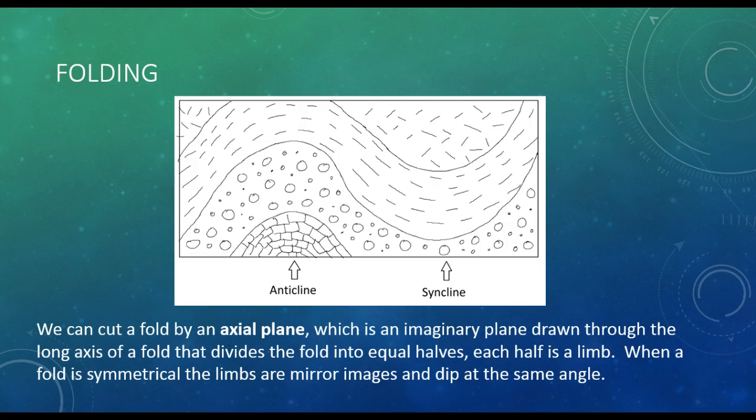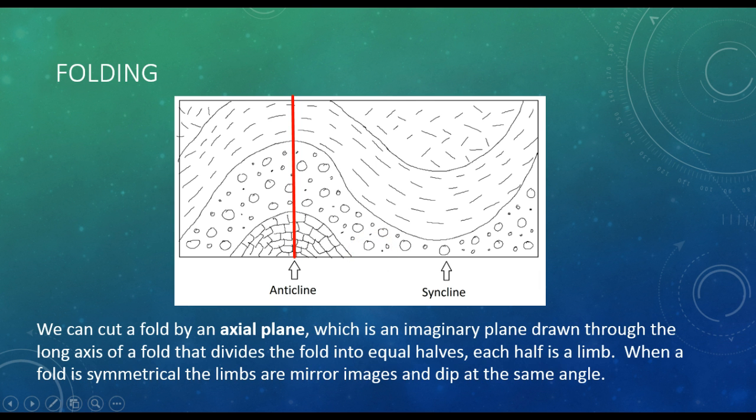We can cut a fold by an axial plane, which is an imaginary line drawn through the long axes of the fold that divides the fold into equal halves. Each half is a limb. So we can see here on the anticline, if we draw that imaginary line through, each side of the line shows a different limb.